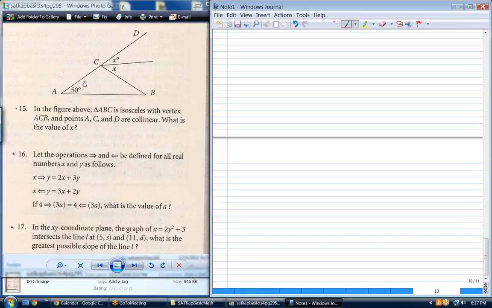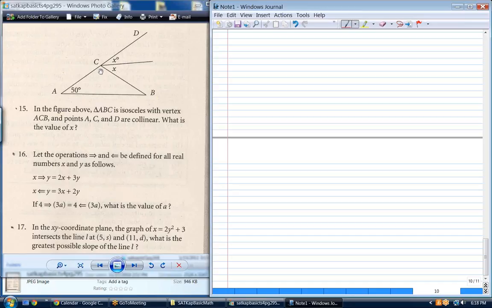That's not quite right. That's actually not the correct way to do it. It just accidentally gives you the right answer. First of all, let's start with the information we're given: this is isosceles. What does that mean? Which angle is 50 degrees? A and B. Okay. So if A and B are each 50, what is this angle right here?